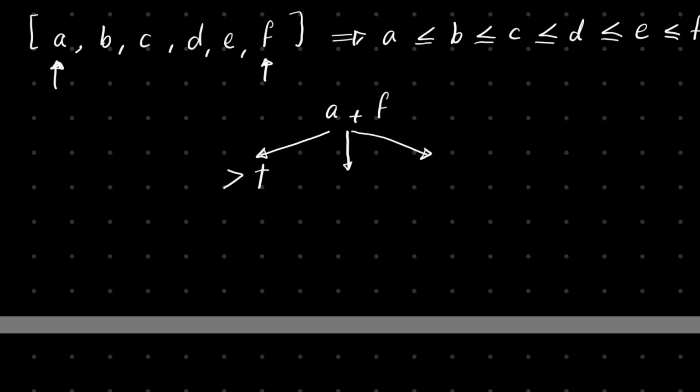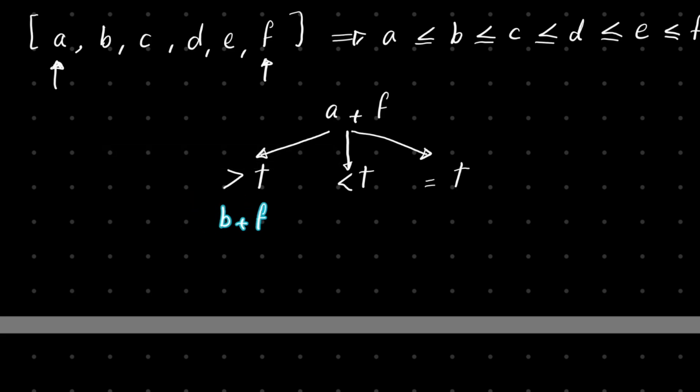There's no other way, okay? If the sum is larger than T, well, what does that mean? Well, if it's larger than T, that also means that B plus F is going to be larger than T. So B plus F will fall to the same bracket.